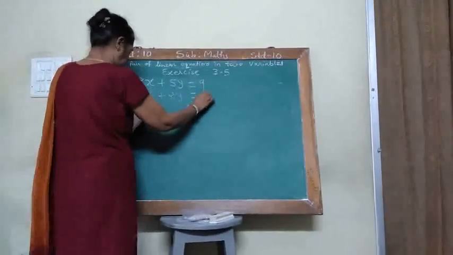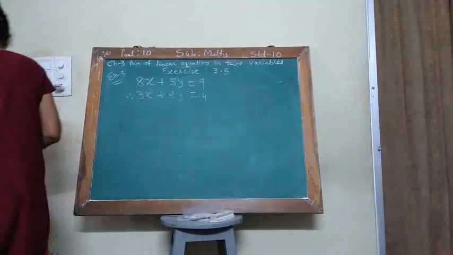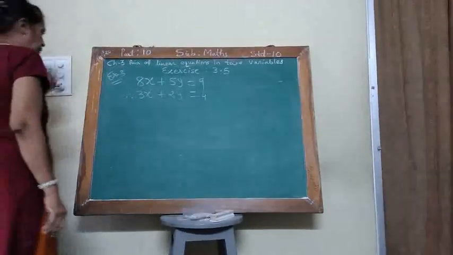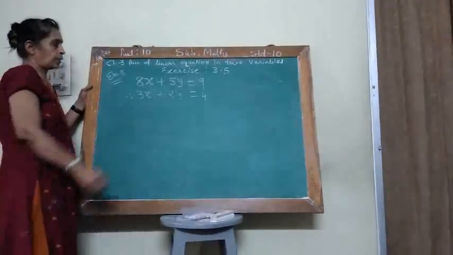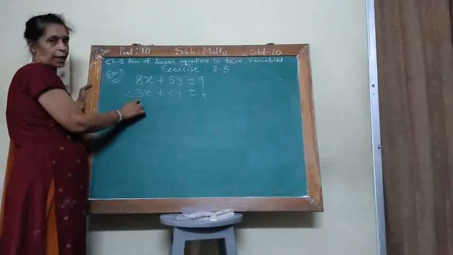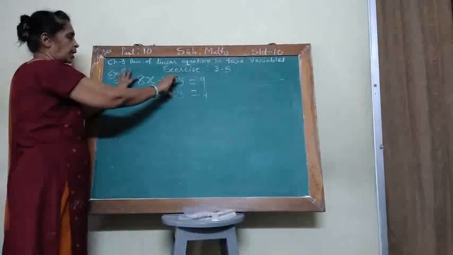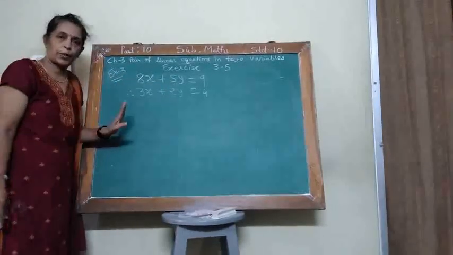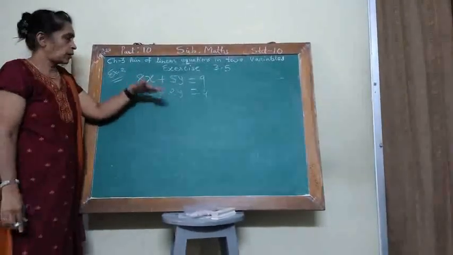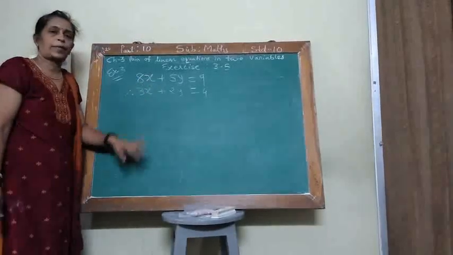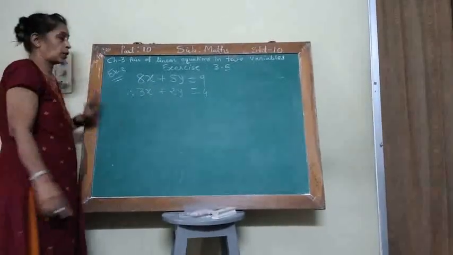So here I only explain it by the cross multiplication method. Here you see a1 upon a2 is 8 upon 3, b1 upon b2 is 5 upon 2, both ratios not equal, that means you obtain a unique solution, and therefore we can apply the cross multiplication method.